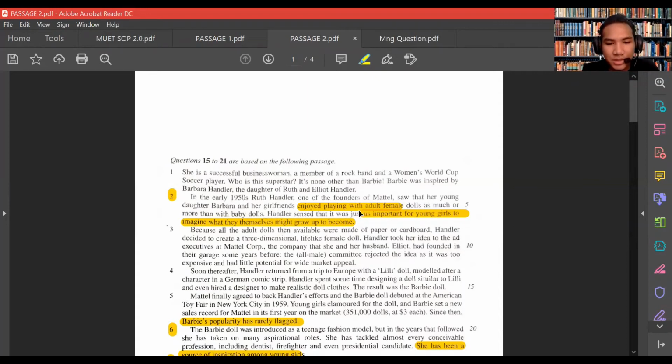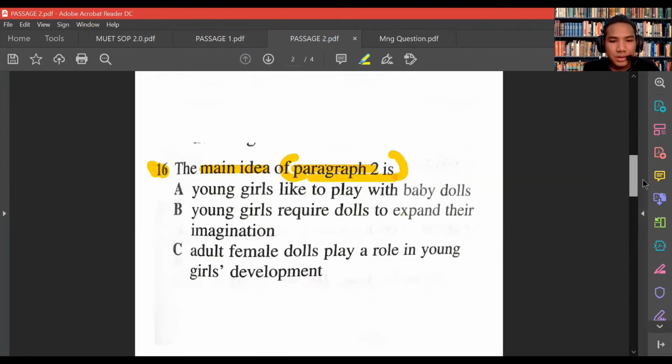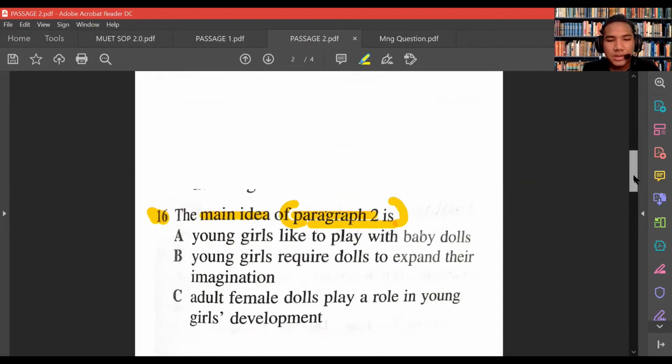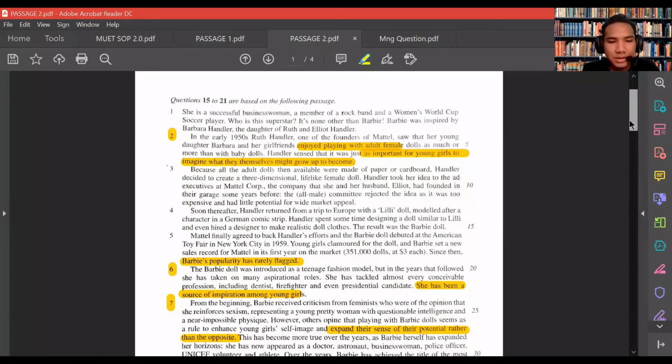Handler sensed that it was just as important for young girls to imagine what they themselves might grow up to become. So, as we look through the answer options, young girls like to play with baby dolls doesn't relate to the statement in the passage, because it's stated here that Barbara and her girlfriends enjoyed playing with adult female dolls as much or more than baby dolls.